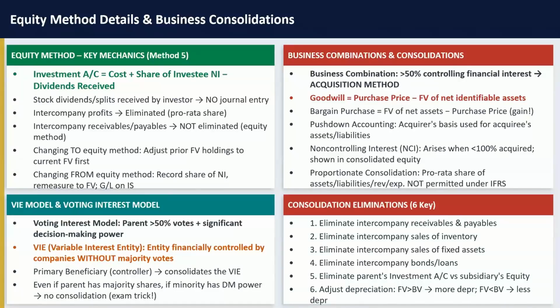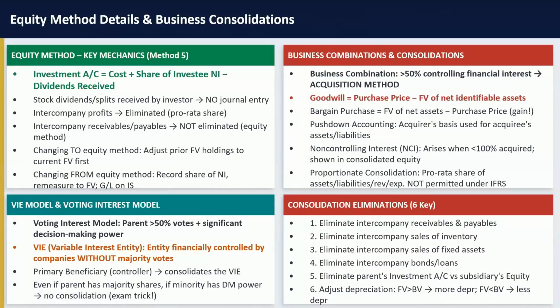Okay. So now what you need to remember, if you're changing to the equity method by purchasing more shares, adjust your fair value holdings to current fair values and record the share of net incomes. You can directly record 20% of net income, 30% of net income. When you're changing from the equity method, here you will have to record whatever share you have still not received from them.